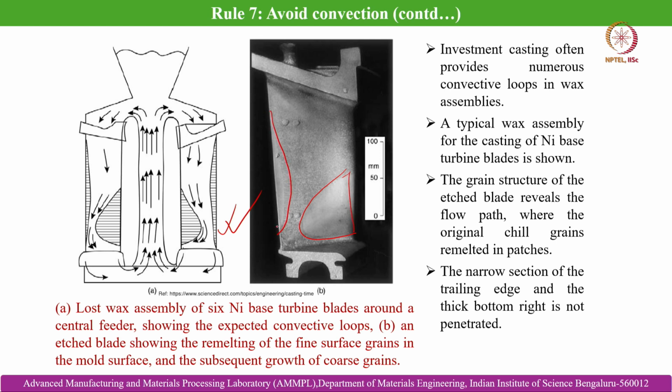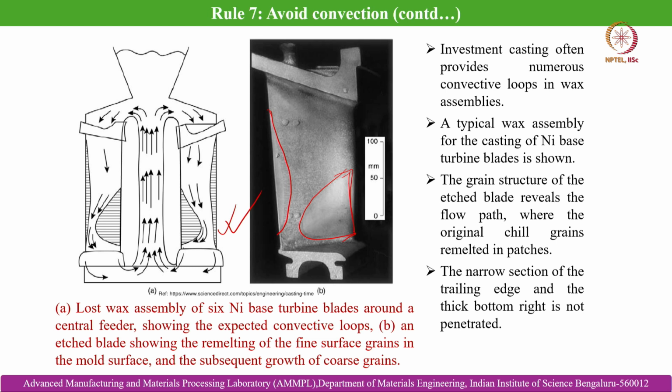The narrow section of the trailing edge and the thick bottom right are not penetrated. These are the locations where you can see that the microstructure is different from the other locations. These are the left out portions where this remelting phenomenon is not possible.